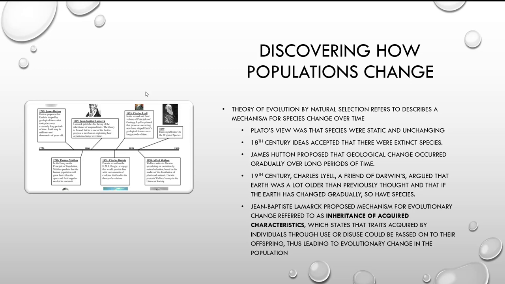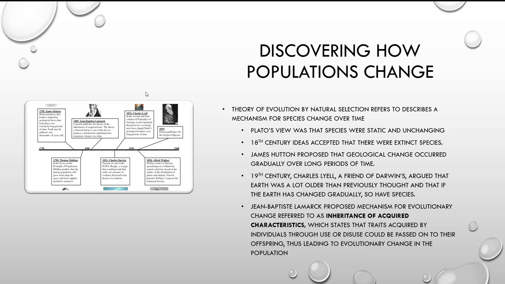So you can see already the idea that the earth is a lot older than was previously thought, and that it's been changing over this long, long period of time. This started the naturalist side of things, the biologist side of things, thinking that maybe this also applies to organisms as well.